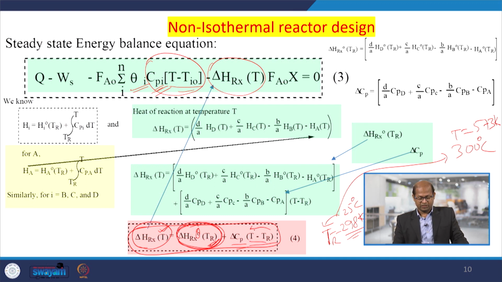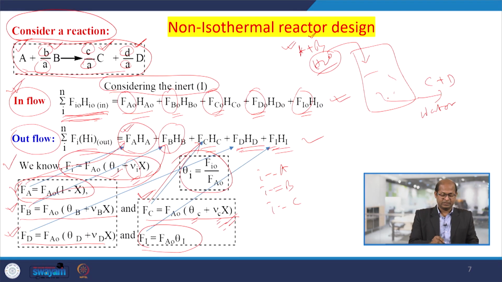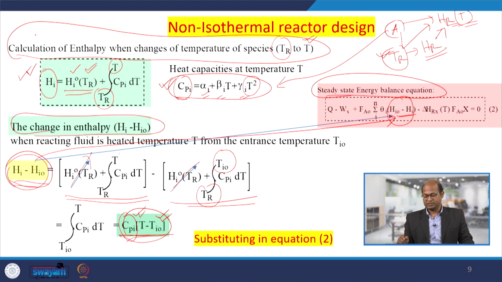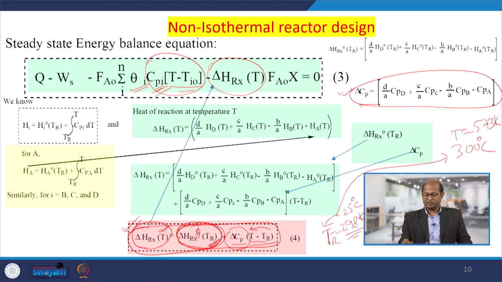From this temperature you have to find the change in heat of reaction for this particular reaction. Delta Cp is the change of heat capacity for this reaction, and this is the change of standard heat of reaction for this component.